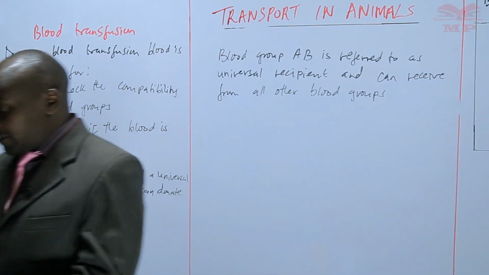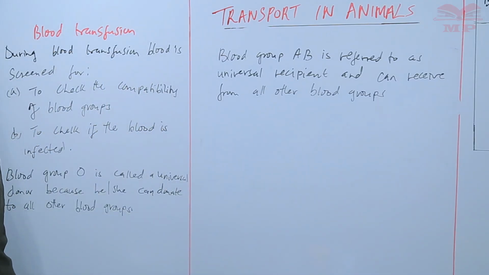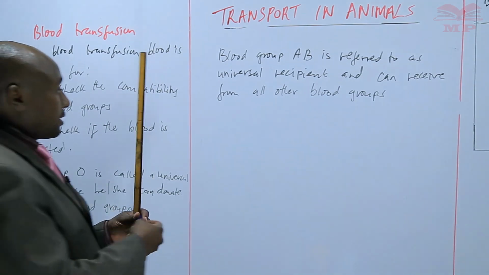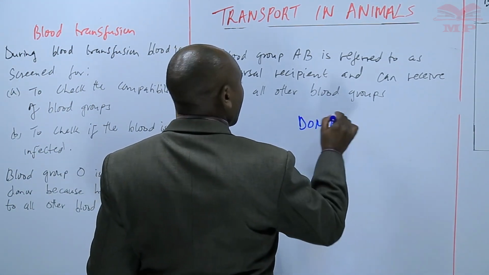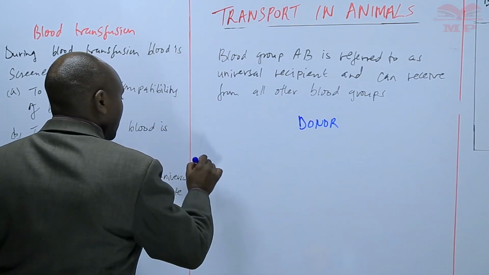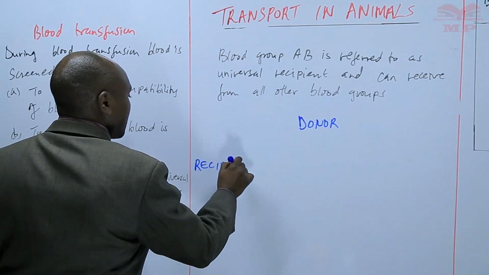So you can also have a summary table to summarize that. And this is on one side we can have the donor, and then we have a recipient.